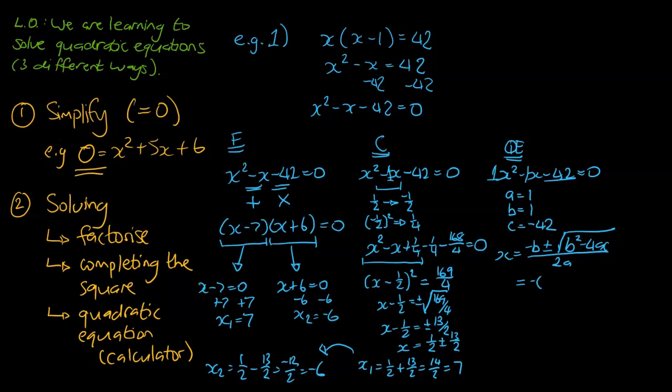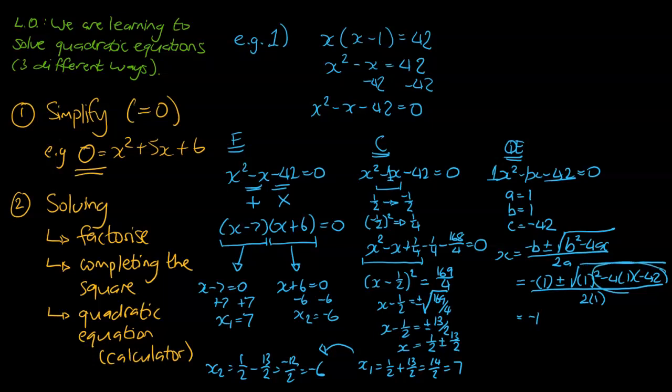So we're going to have negative 1 plus or minus the square root of 1 squared minus 4 times 1 times negative 42. All of that is going to be divided by 2a, which is just 2 times 1. So let's simplify that. That's going to be negative 1, so 1 squared is 1.